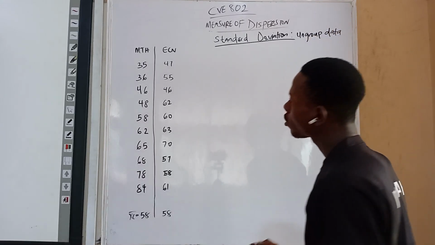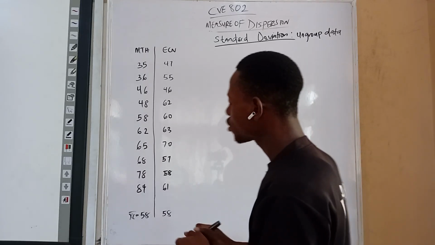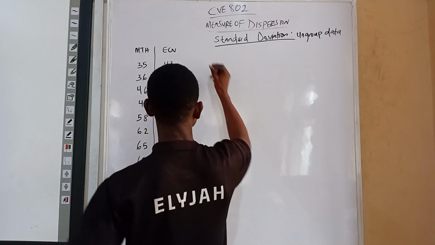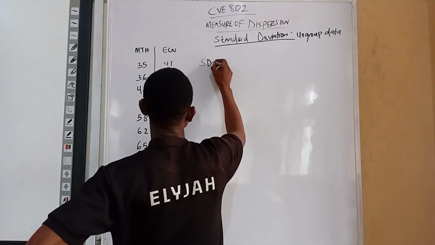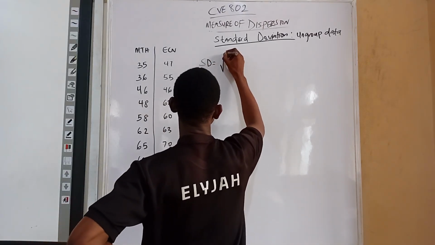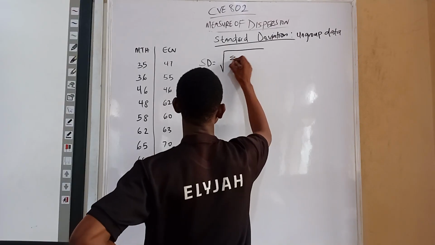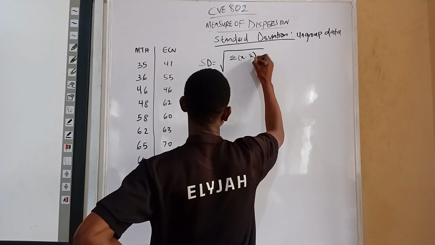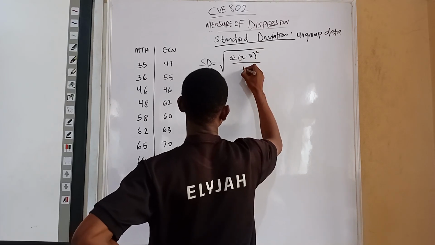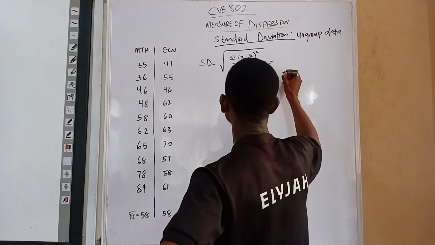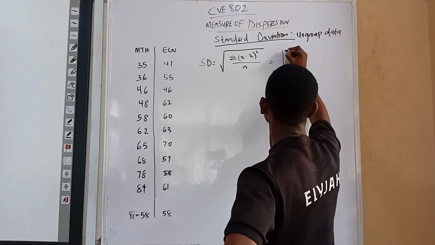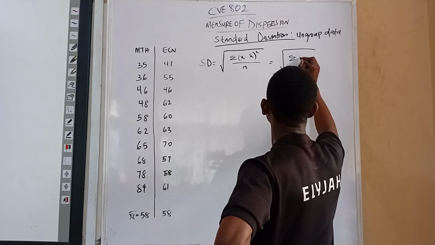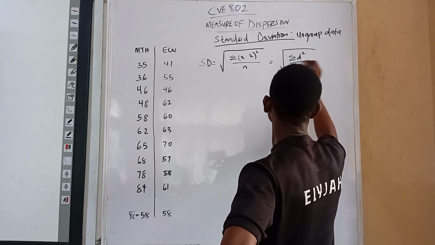The standard deviation for an ungrouped data is given by the formula s equals the square root of summation (x minus x bar) squared divided by n, which can also be rewritten as the square root of summation d squared divided by n.